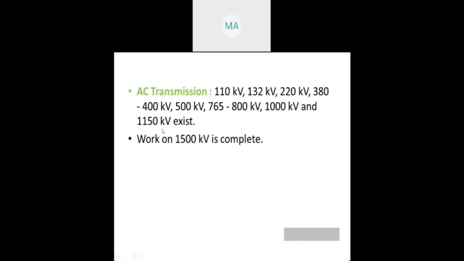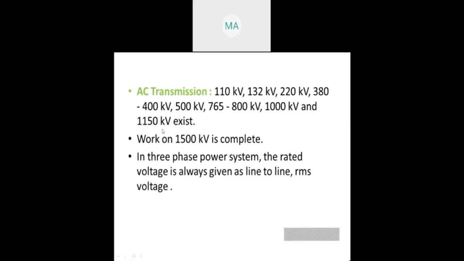In some cases 1500 kV is also used. When they take such transmission lines, they have to protect the equipment, and at that time it brings some complications. They have to work out how to expand the 1500 kV transmission line. They are working on that.